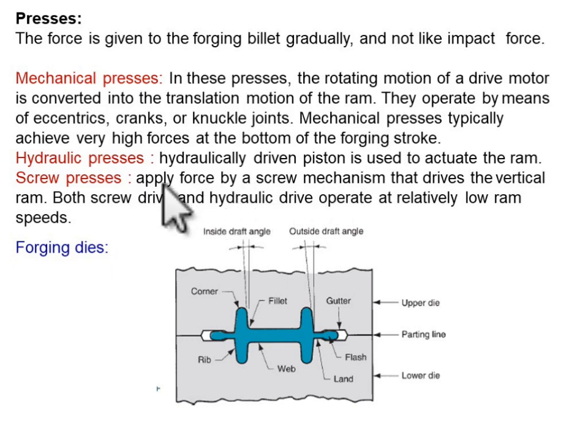We use the tightening mechanism that we use to tighten a screw. On that basis, this works. And since we know screw process and hydraulic process, the speed can be controlled. Both screw drive and hydraulic drive operate at relatively low ram speed.